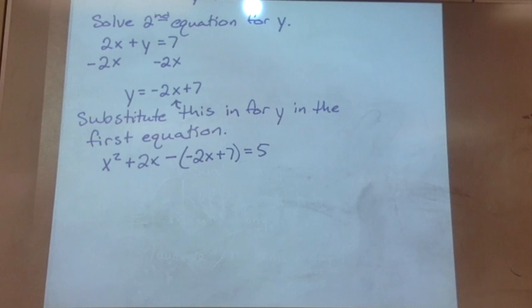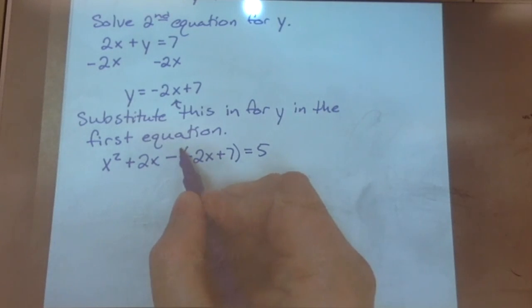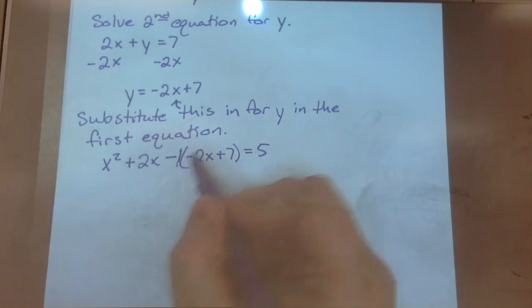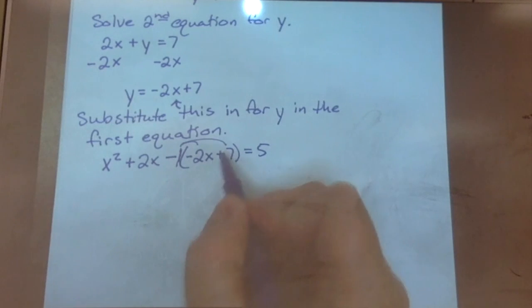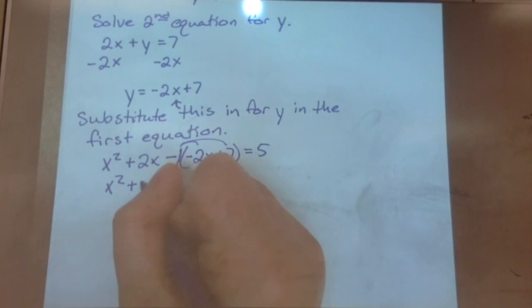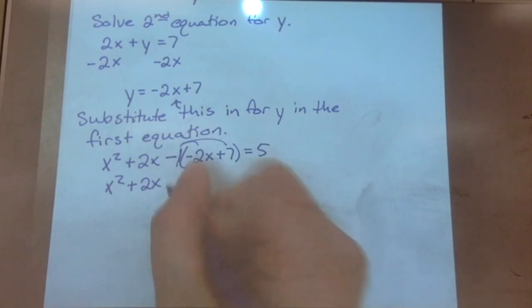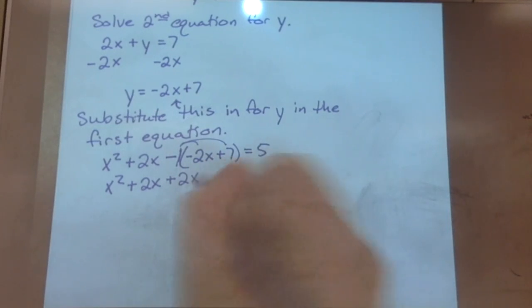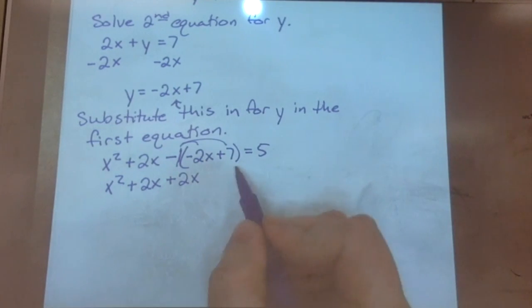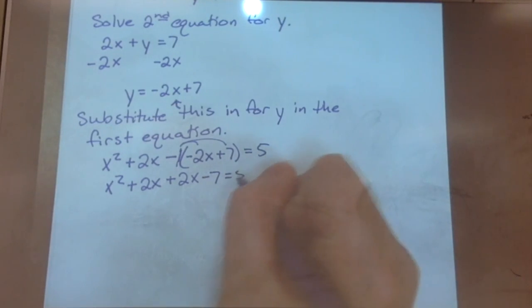So next thing that I want to do is simplify. I'm going to distribute this negative. Remember, think of it as a negative 1 if you need to. I'm going to distribute that through my parentheses. So I'm going to have x squared plus 2x, and then negative 1 times negative 2x is plus 2x, and then negative 1 times 7 is minus 7, equals 5.